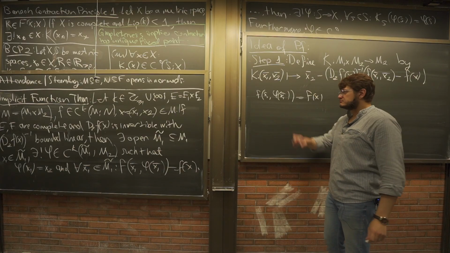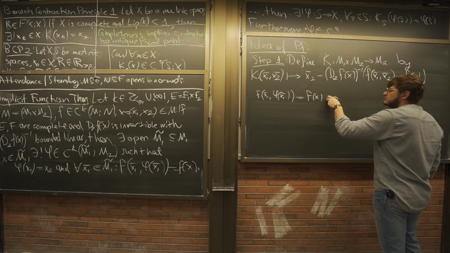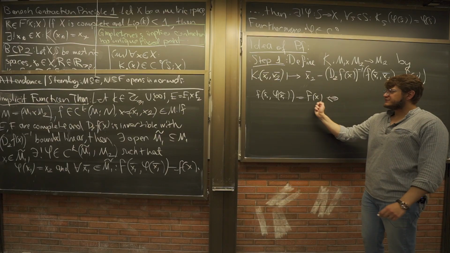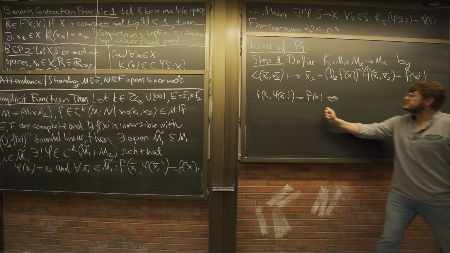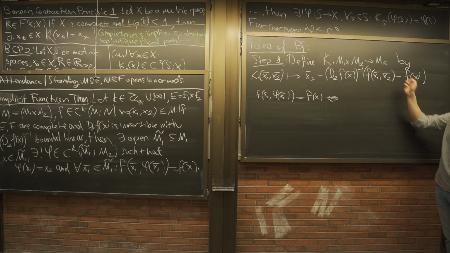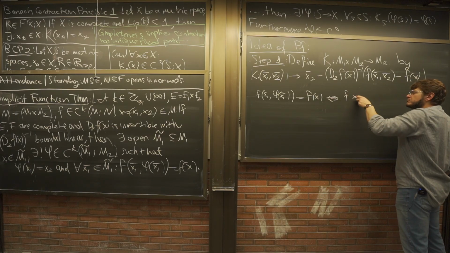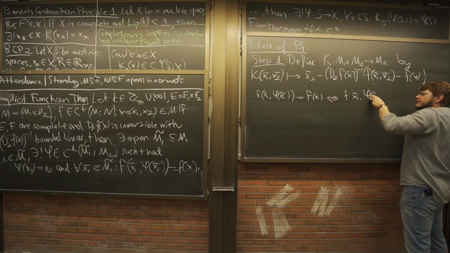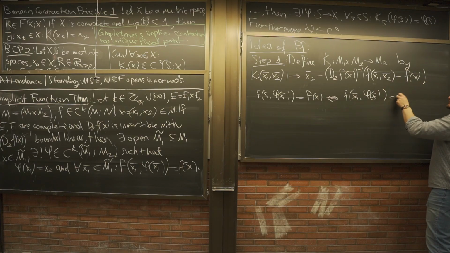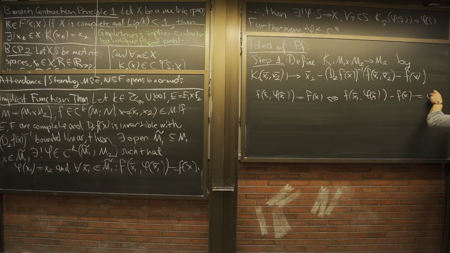This is what I want. If this is equal to this, their difference is 0, which means that in K, this is going to be 0. Okay, so let me write it perhaps.